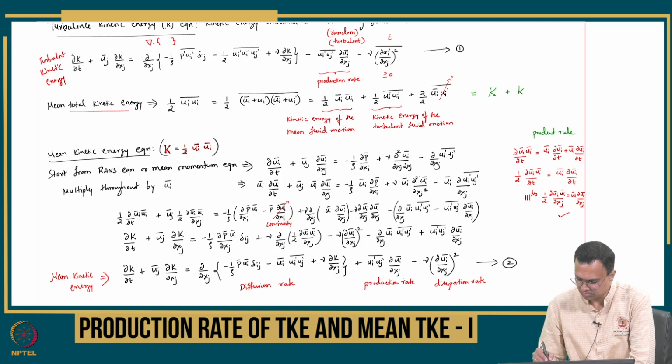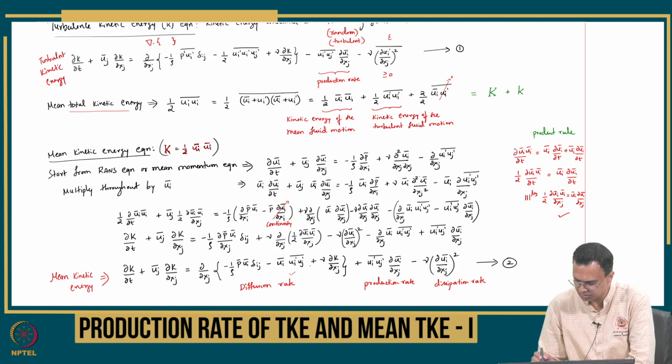The diffusion rate term has all the mean quantities here, except that the random component has come in through the Reynolds stresses. So the diffusion rate of mean kinetic energy has some influence of the Reynolds stresses, that is fine. This also looks similar except that it is mean kinetic energy: the viscous diffusion rate, the turbulence diffusion rate and the pressure diffusion rate.